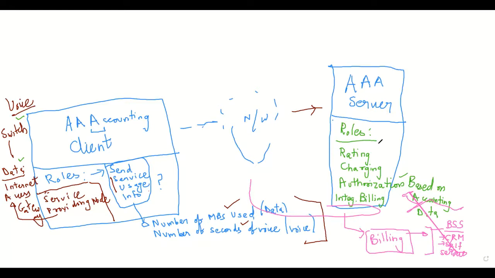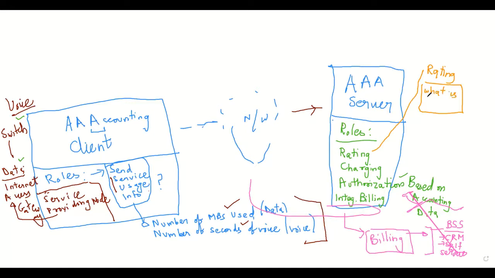So what is rating? Since we are over here, it's good to define what is rating. Rating is assigning, let's say, this is rating. Basically, it answers a simple question.